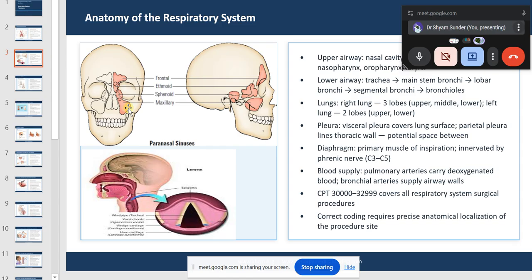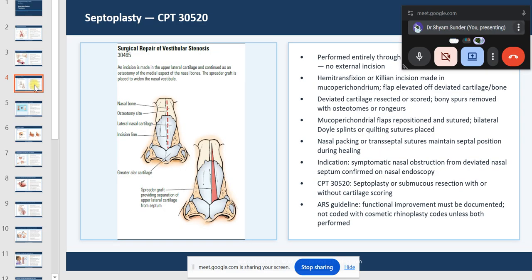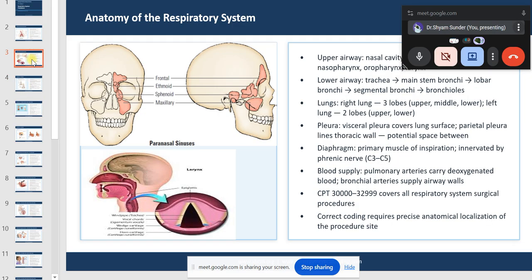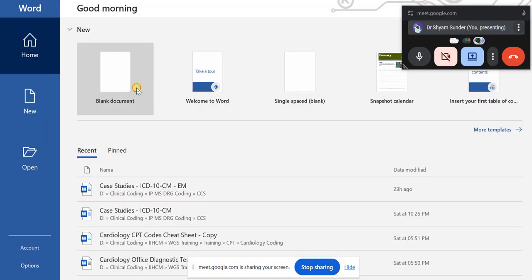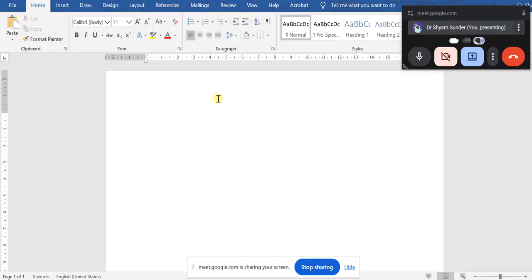Yes, let us see the procedures on the respiratory system. In any specialty, you can divide these procedures into three types: office-based procedures, daycare procedures, and inpatient-only procedures.